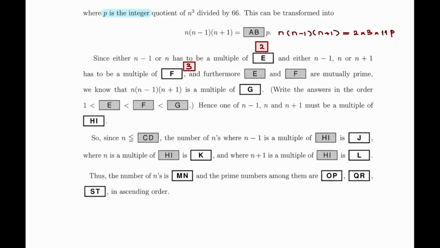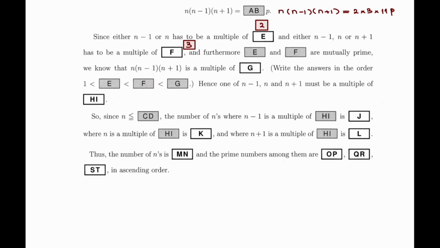If you multiply all of them, there will be 2 times 3 times blah blah blah. So the product of all of them must be a multiple of 2 times 3, which is 6. So G here is equal to 6.